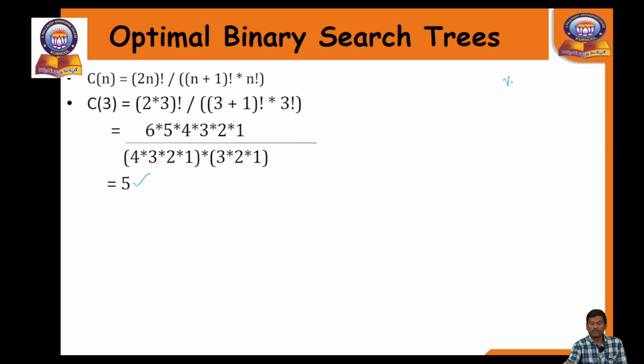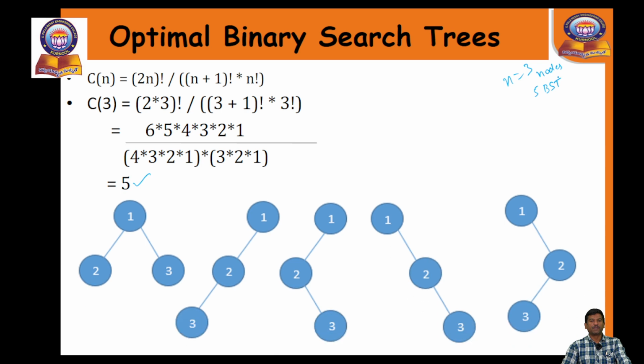When you take n equal to 3, that is 3 nodes, then we can generate 5 binary search trees. What are those 5? Assume the 3 nodes to be 1, 2, and similarly 3. And here you can observe the 5 binary search trees being generated.